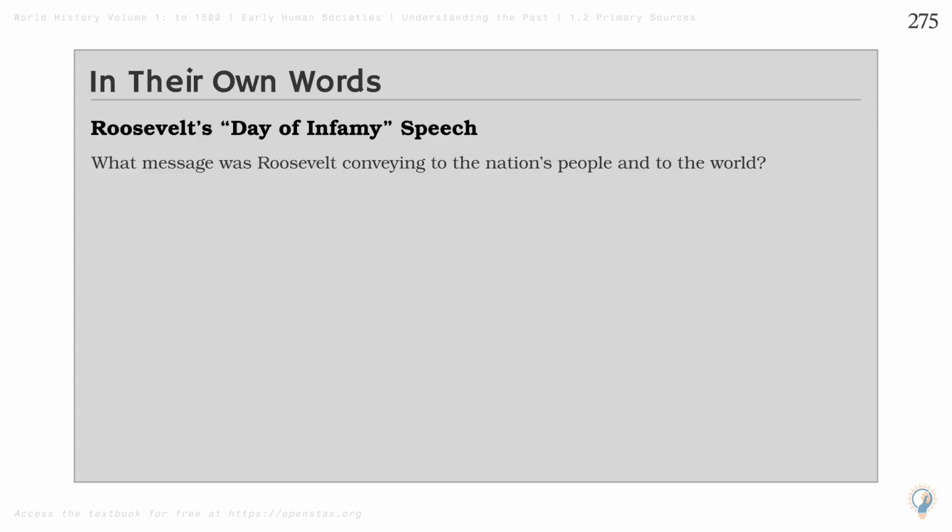What message was Roosevelt conveying to the nation's people and to the world? What word choices did he make to convey this message? Link to learning.